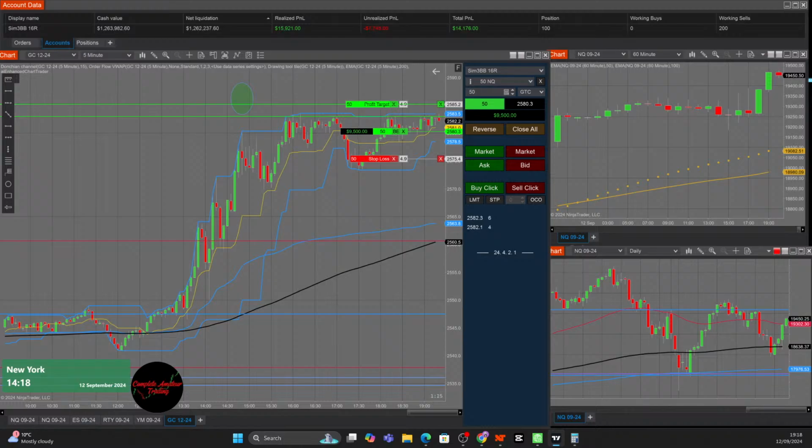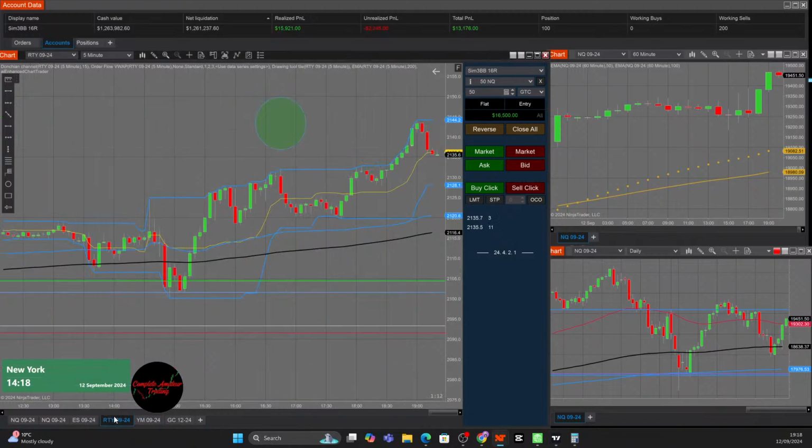About a minute to go. Doesn't seem like the pullback long is going to set up here. Stay engaged for now. 36 seconds to go. It's not the sort of thing I want to see.